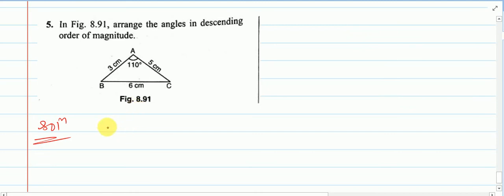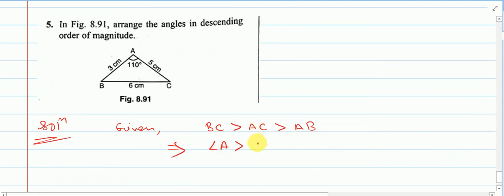Solution. Given. Here you can see that BC is greater than AC and AC is greater than AB. Now this implies that angle opposite to BC, that is A, so angle A will be greater than angle opposite to AC.